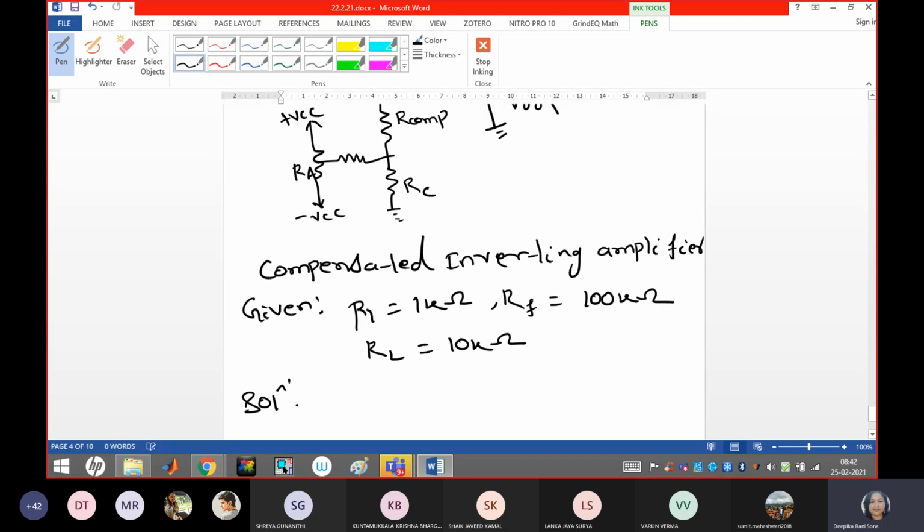So for this, some data will be provided to you. For LH0041C, del VIO by del T value, small t I am writing, is 5 microvolt per week.